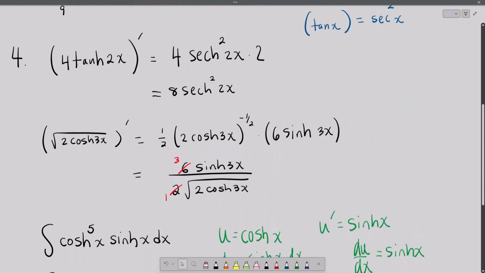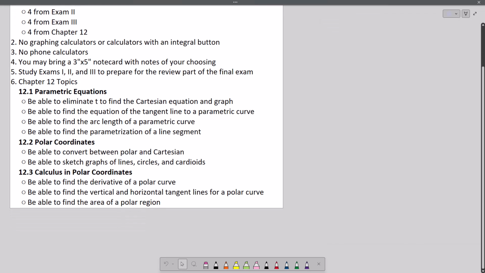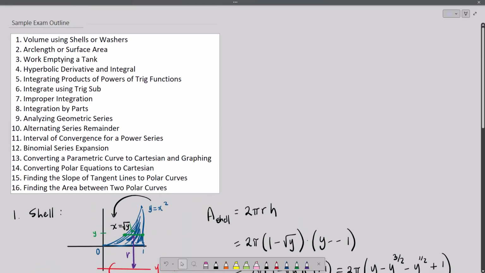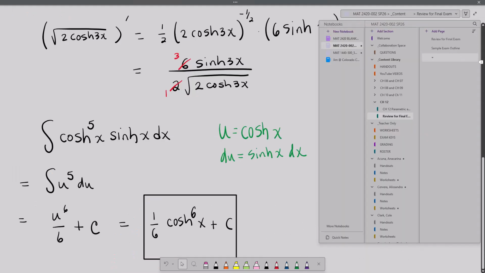All right, number 5. Number 5 is integrating products of powers of trig functions. Oh, we actually just kind of did that.